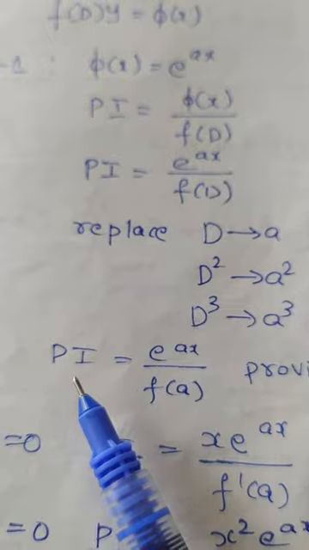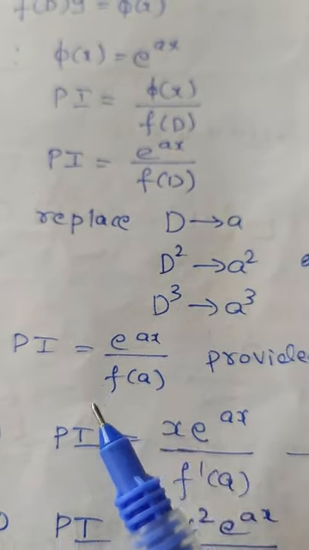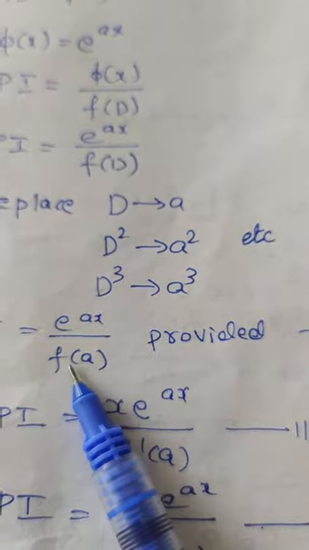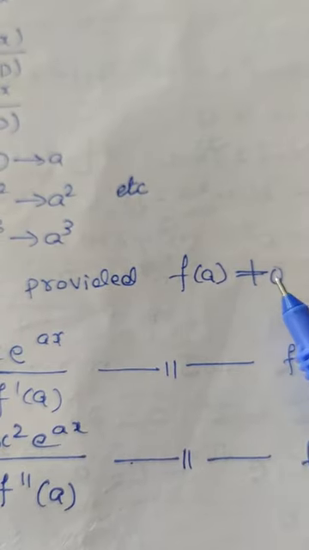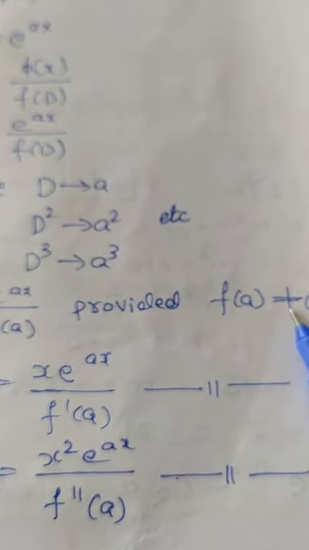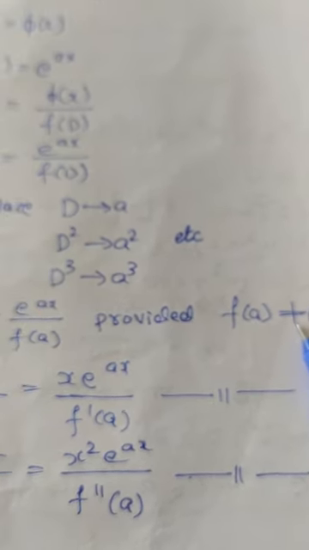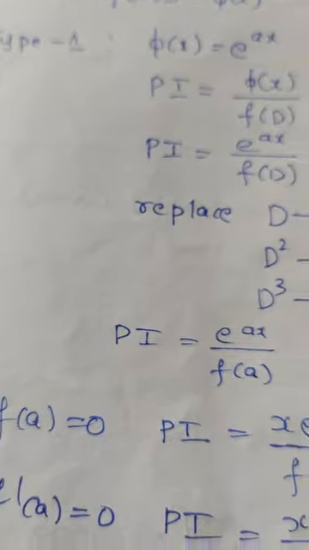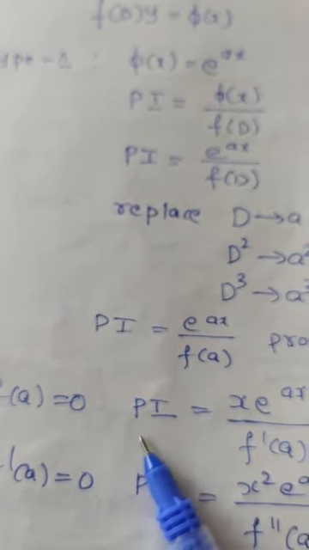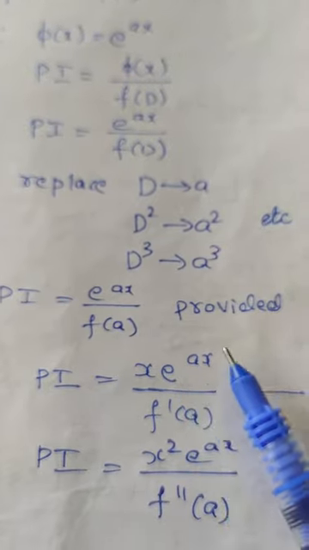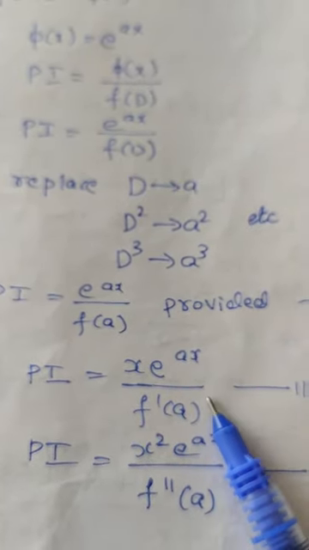Then PI becomes e power ax divided by f of a. This denominator f of a is not equal to 0. Very important: f of a should be a non-zero quantity. Suppose f of a is 0, then PI is x into e power ax divided by f dash of a.